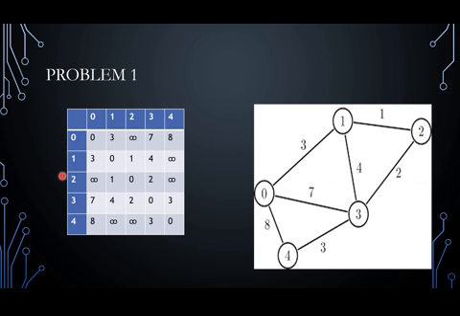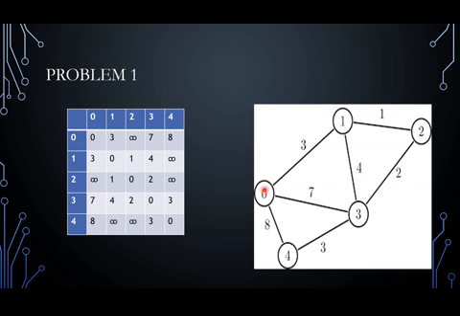Now in this problem, they have not specified explicitly which you are supposed to consider as source. So I will consider node number 0 as a source, right? I am assuming node 0 as a source.